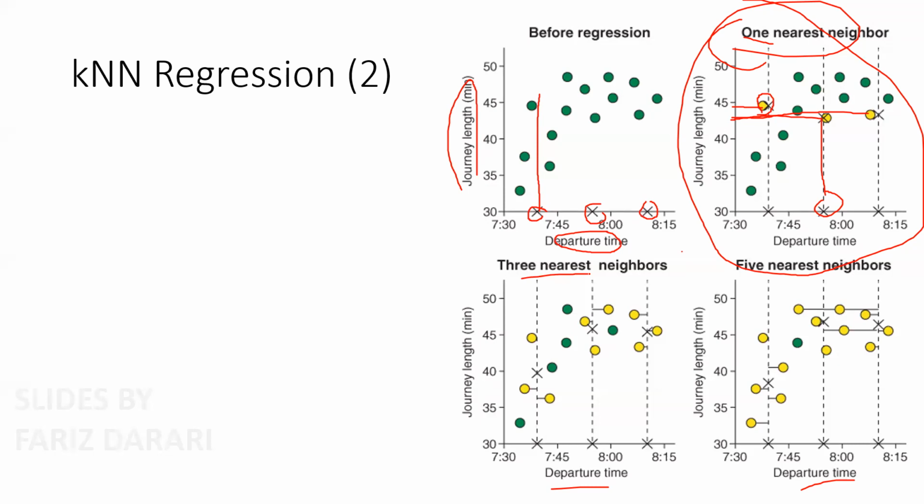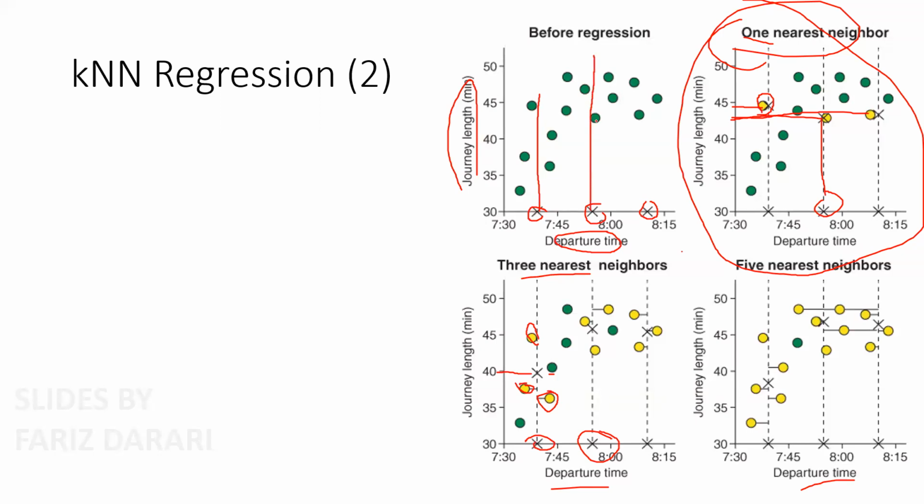The main point is to compute the average, right? So, for example, this one, the three nearest neighbors would be this, this, and this, right? This is quite close, but not really, because we have to take three nearest neighbors, and then the average will be this. And also for this one, the three nearest neighbors, let's just take an example of this one.